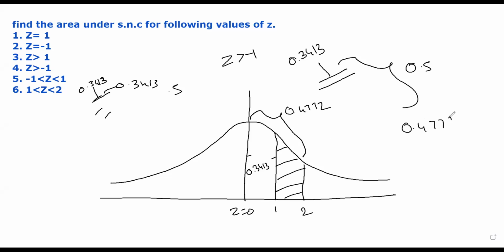So 0.4772 minus 0.3413, that is 0.1359. Sorry, not 57, 59. So what is the area between 1 and 2? It is 0.1359.